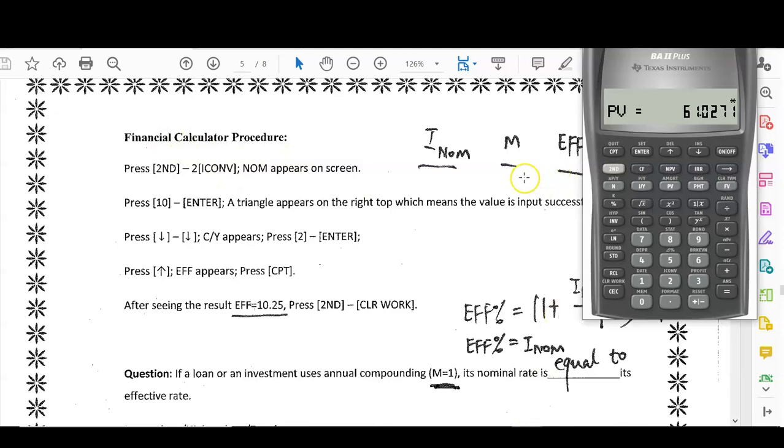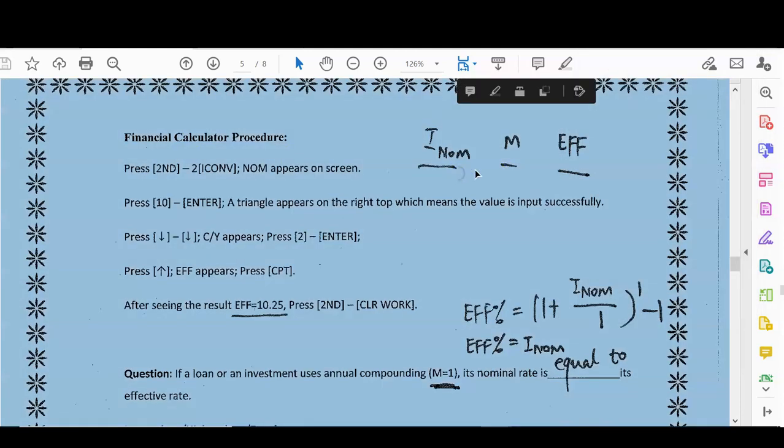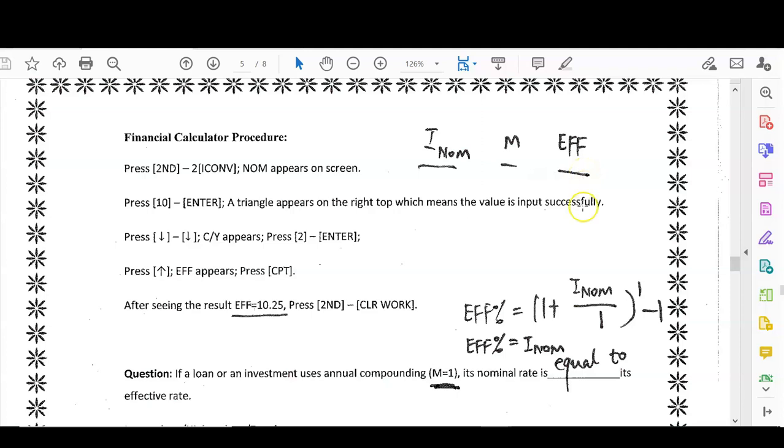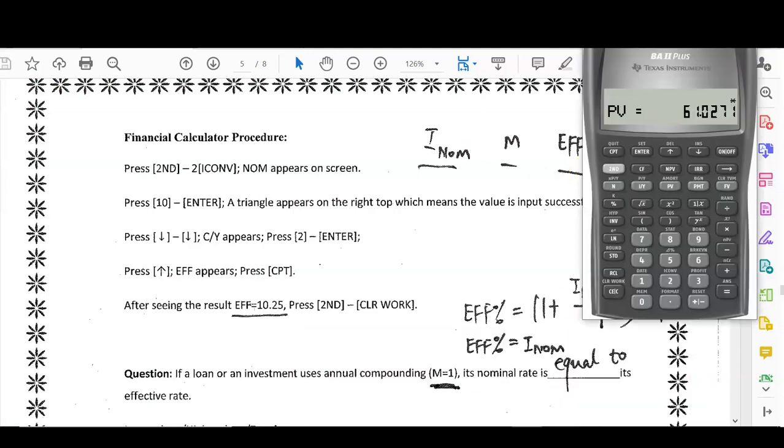Okay, we know the nominal rate, we know M, and we want to know the effective annual rate. So we can go to our financial calculator here, press second, interest conversion, ICONV, which is the same button as number 2.